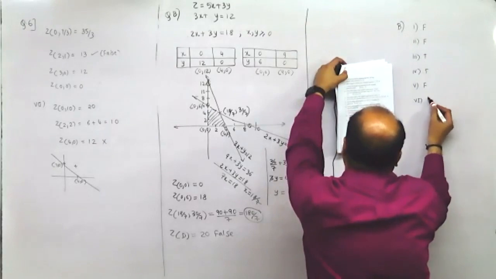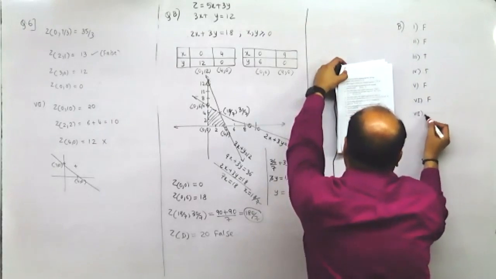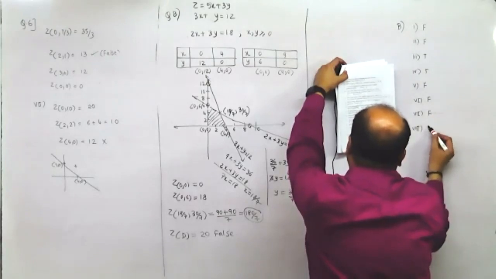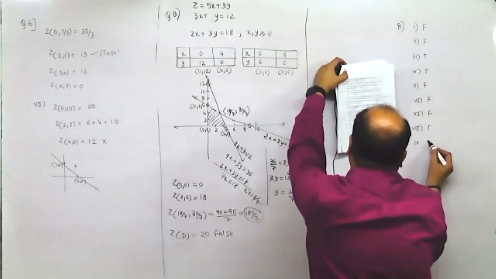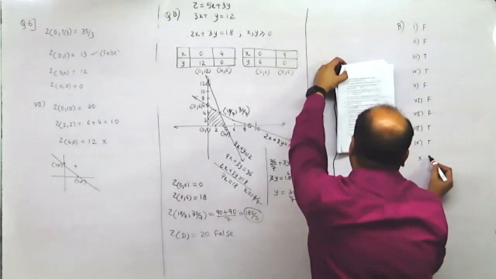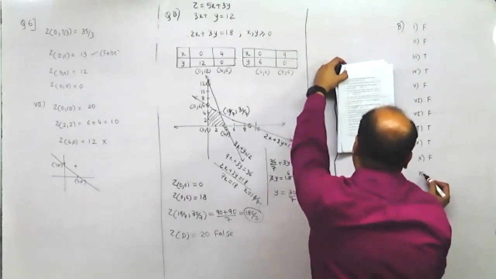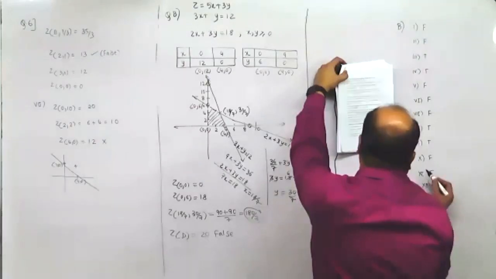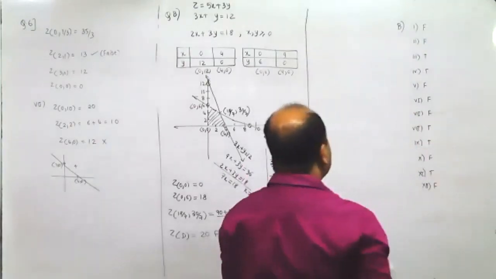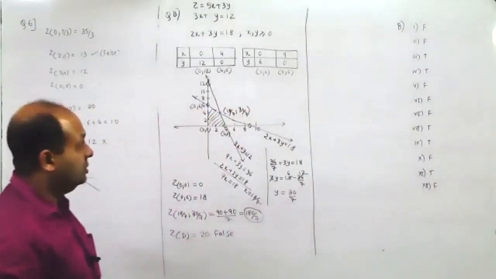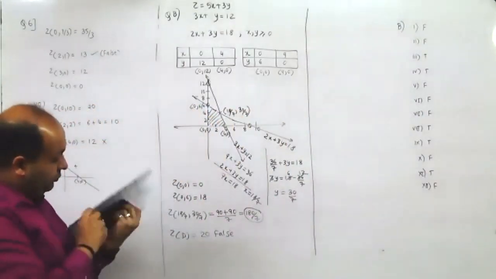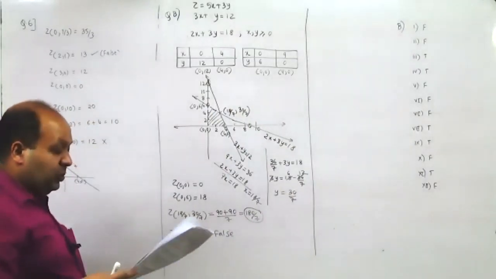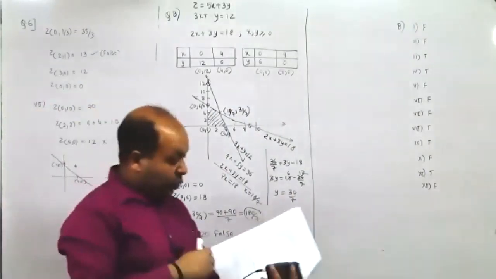Sixth should be false. 7 should be false. 8 should be true. 9 should be true. 10th should be false. And 11 should be true. 12 should be false. Are all of them wrong or only some of them are wrong? Sir, all are wrong. Okay, then it is all right. So that means, as Om mentioned, they have read Om's mind.